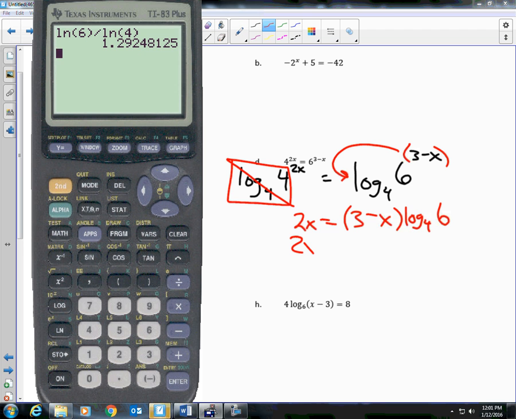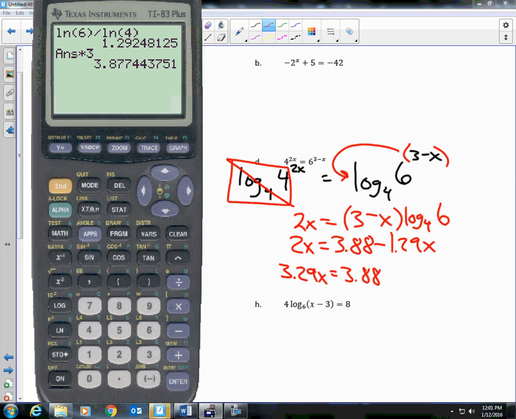So 2x is equal to, we multiply it by 3, we get 3.88 minus 1.29x. We add 1.29x over, so 3.29x is equal to 3.88. That's natural log 6 over natural log 4.